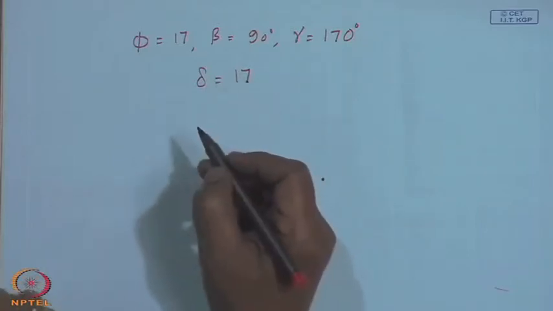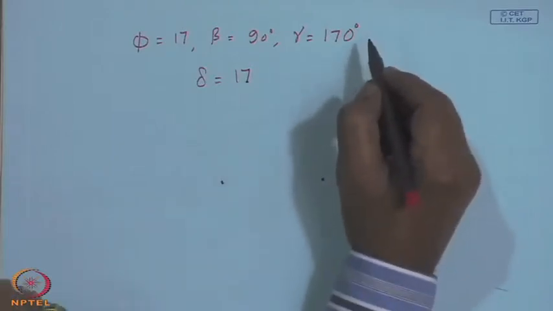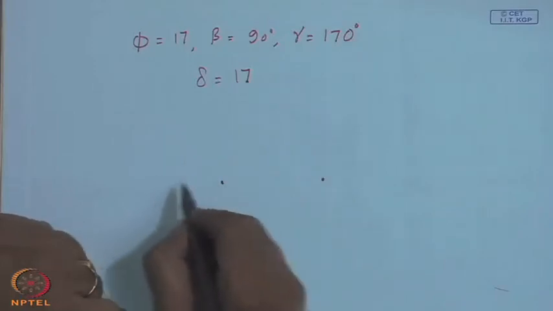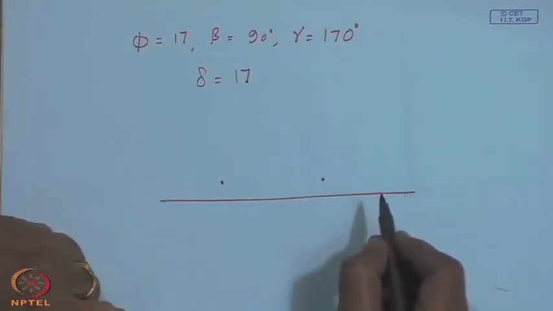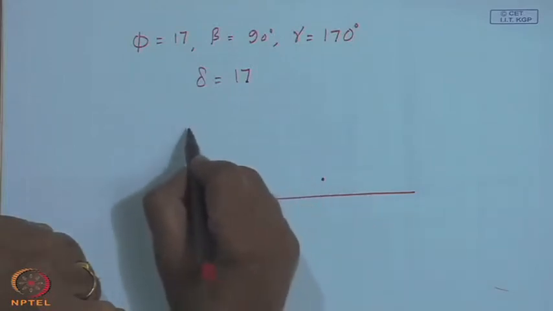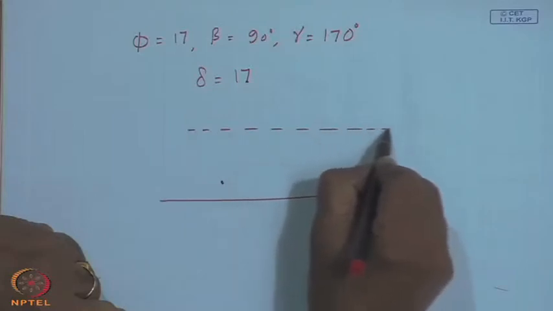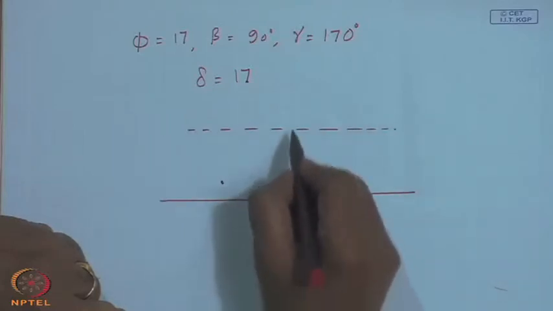So, phi 17, delta 17, beta 90, gamma is equal to 170. This is very easy to understand once you have got beta 90 and delta 17 equal to latitude.